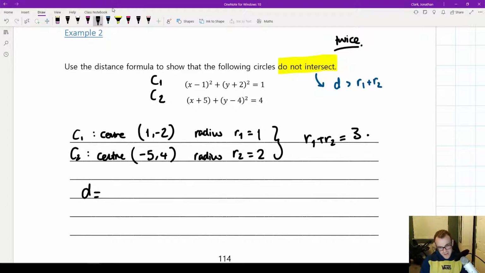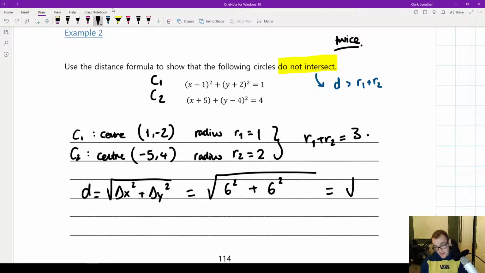But the distance between the centers, okay, let's see what we're going to get here. So 1 to -5, that's a change of 6. -2 to 4, that's a change of 6 as well. It's going to give me root of 36 plus 36, which is root 72.